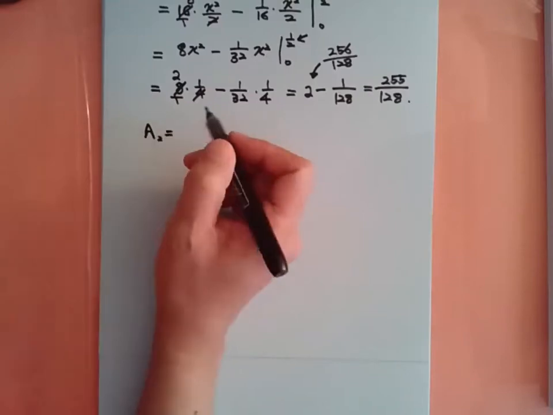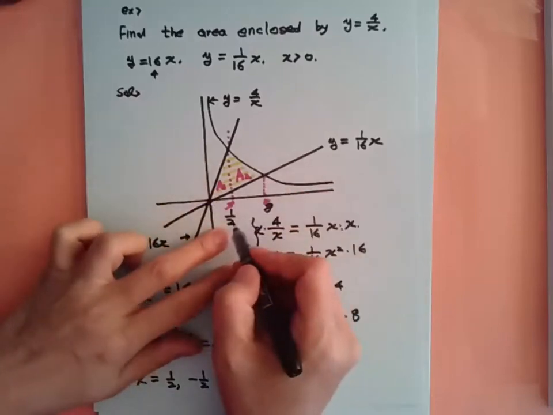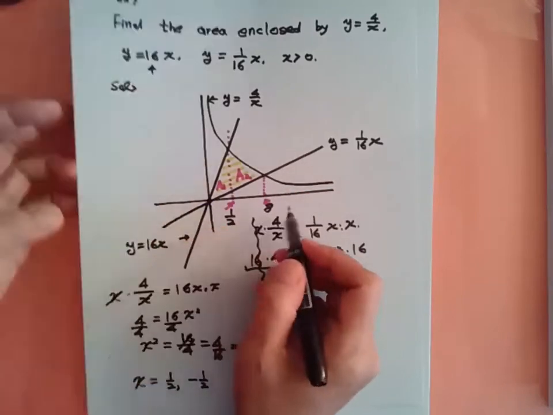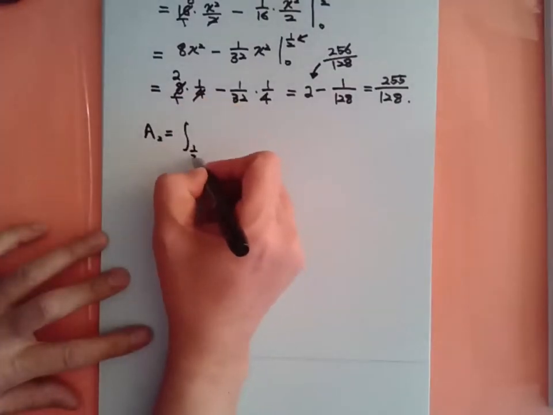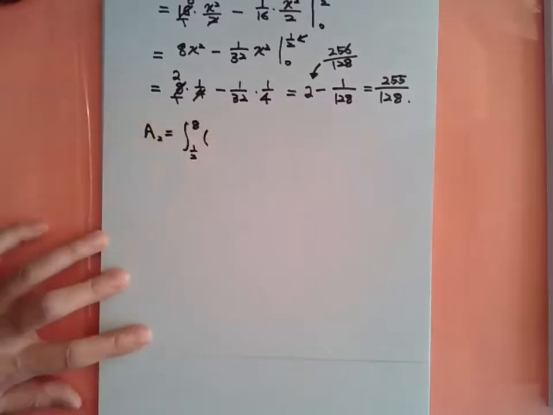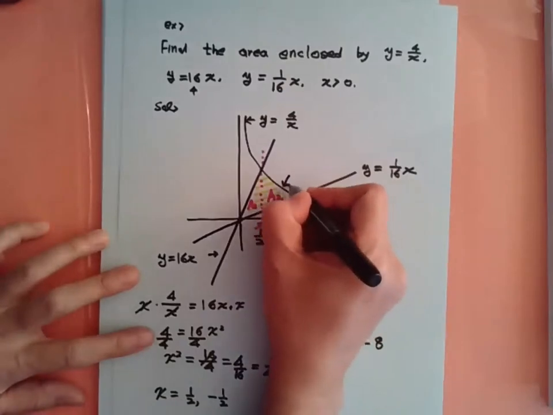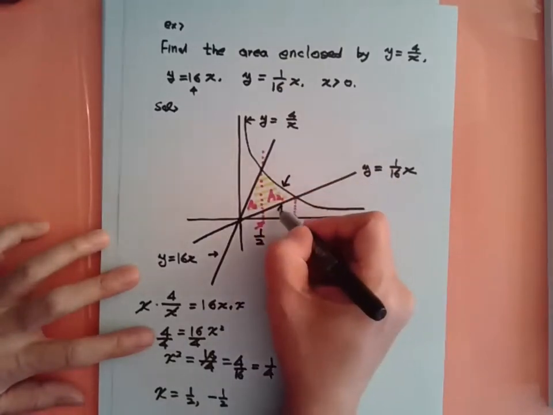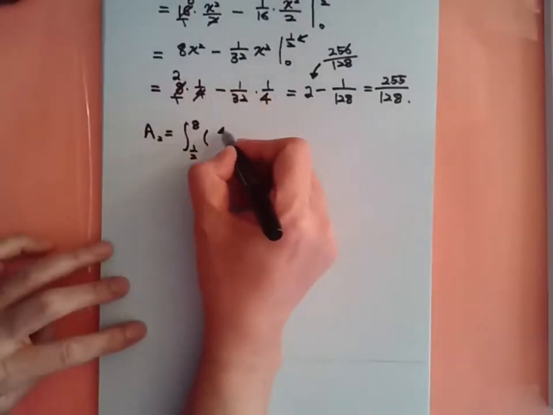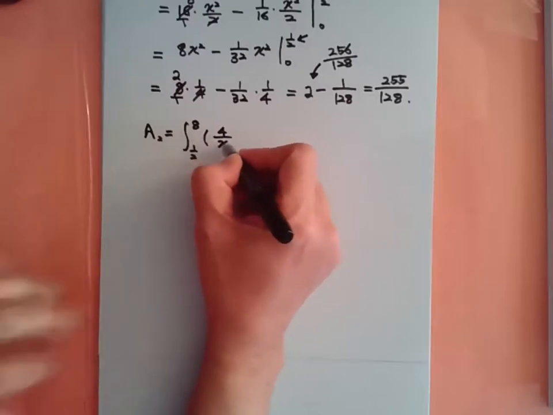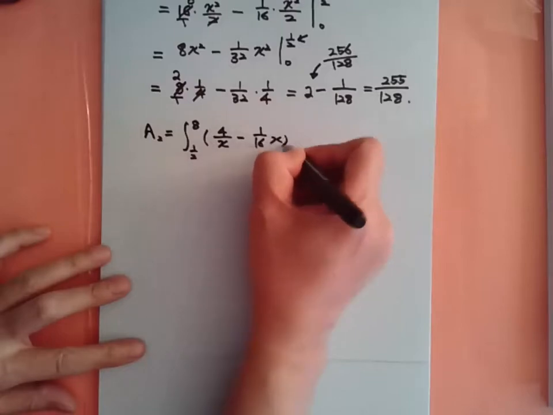Let's calculate the area 2. Then we have to integrate from 1/2 to 8. In this region, this curve is larger than this straight line. So we will subtract the straight line from 4/x. So 4/x minus 1/16x dx.